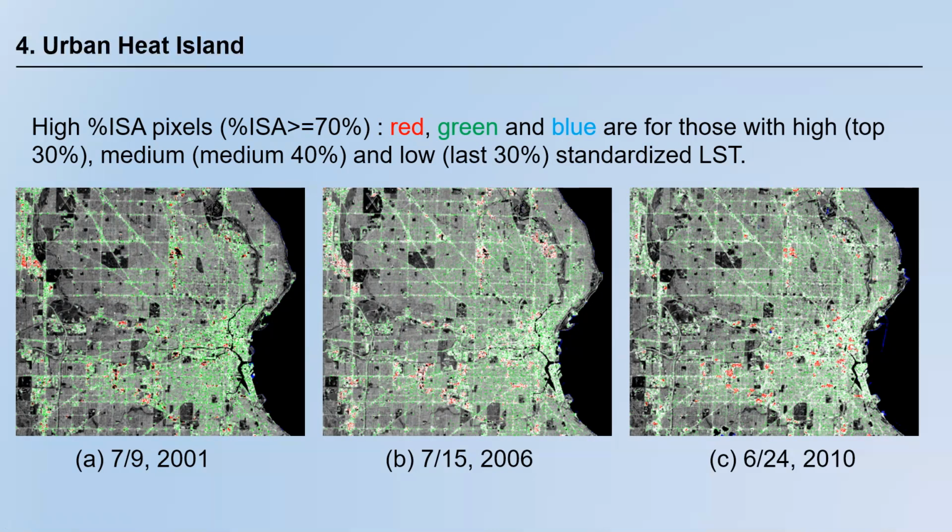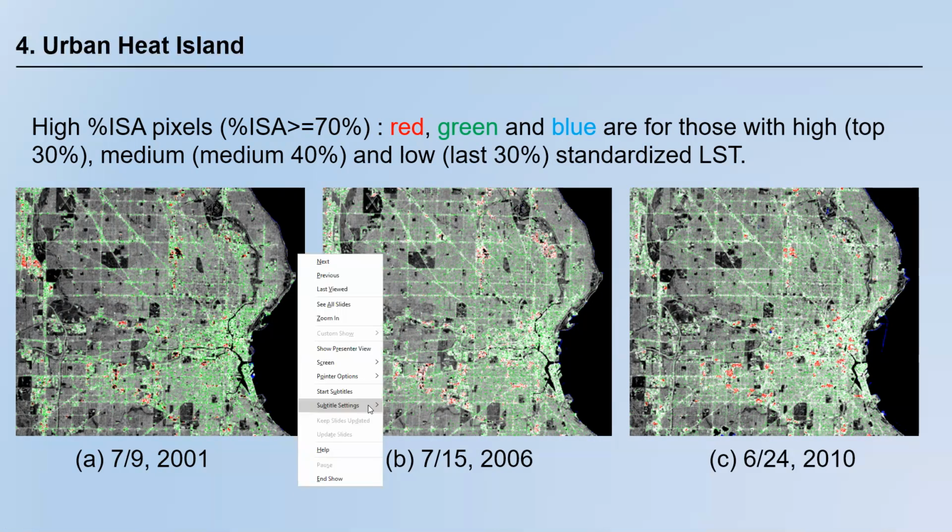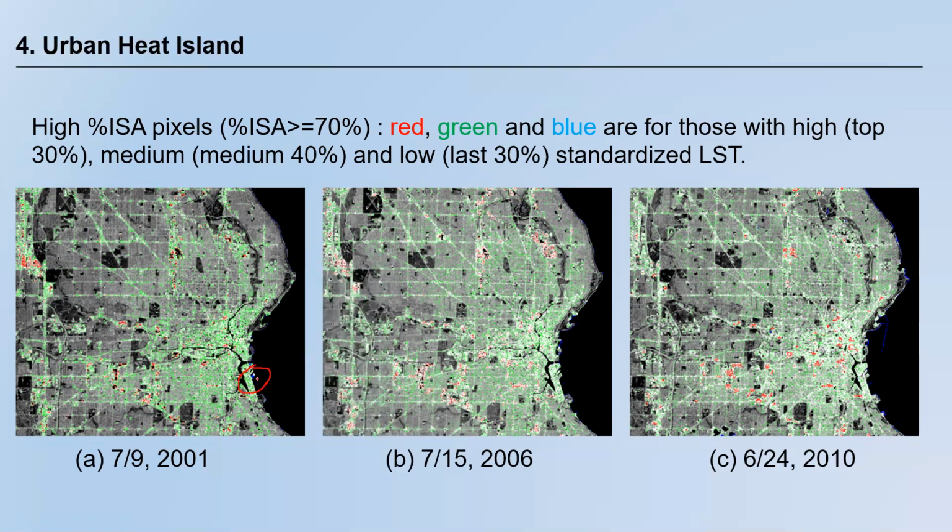You may say, I cannot see blue pixels. I'm going to show you. They are along the lake shore of Lake Michigan, right? For example, some blue pixels here, and even more blue pixels right here. If you zoom in a little bit, you can find them.